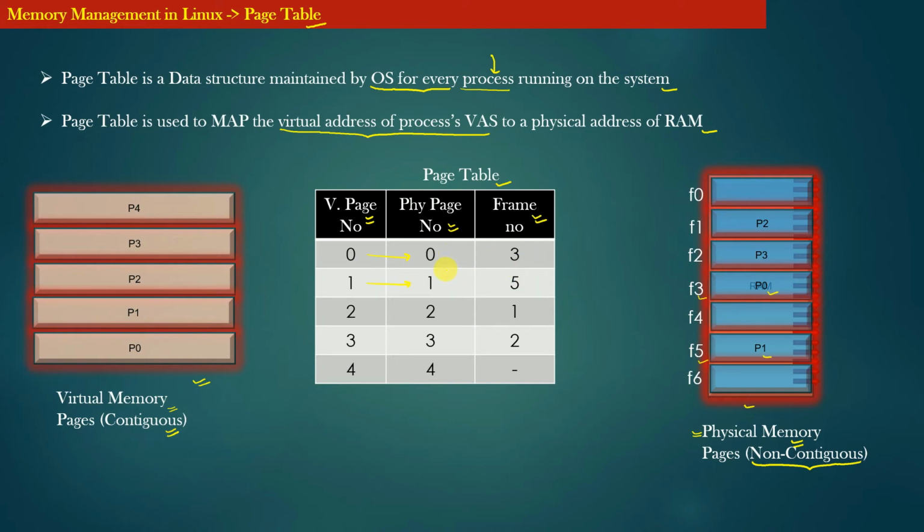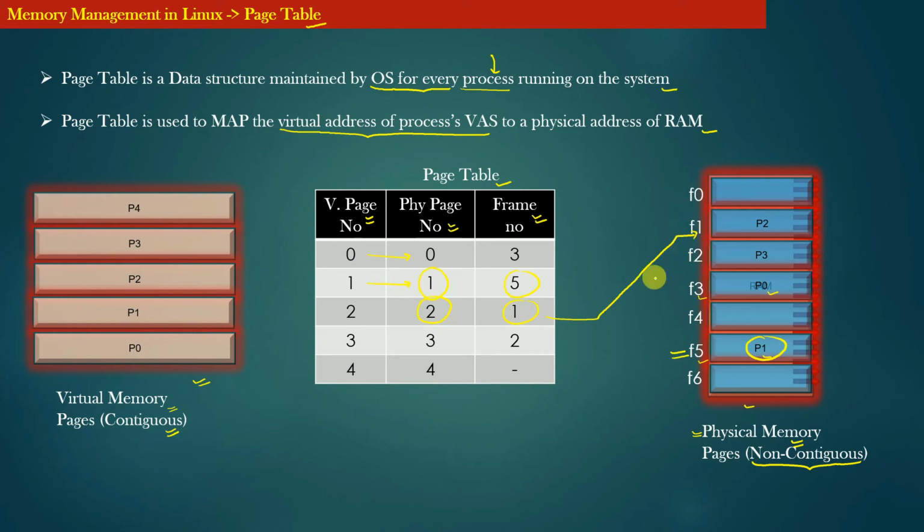For example, physical page number 1 is present in frame number 5 of physical memory. Similarly, physical page number 2 is present in frame number 1 of physical memory.